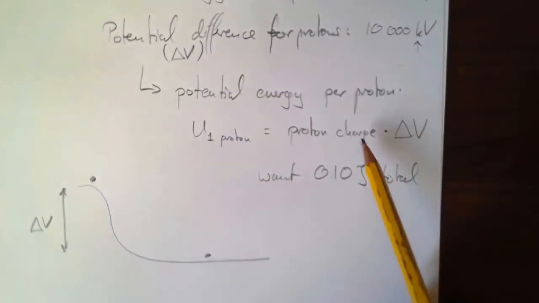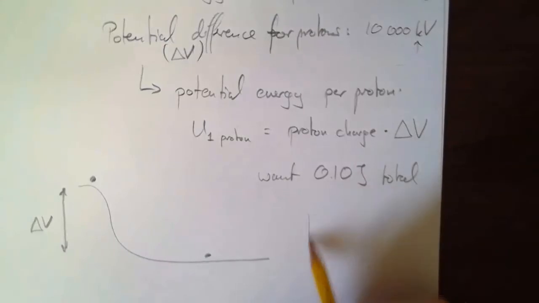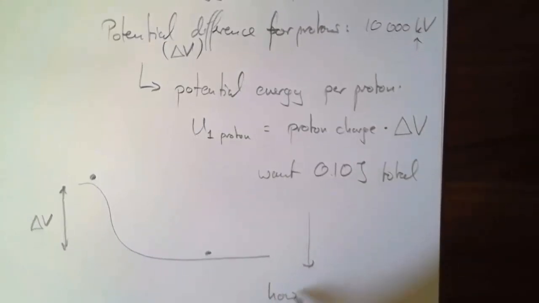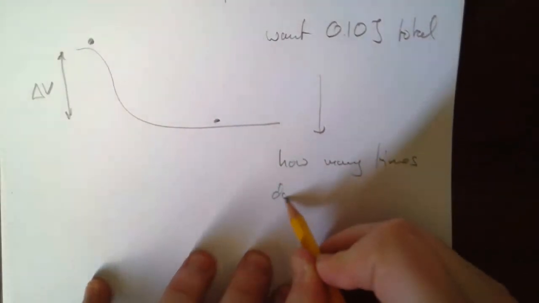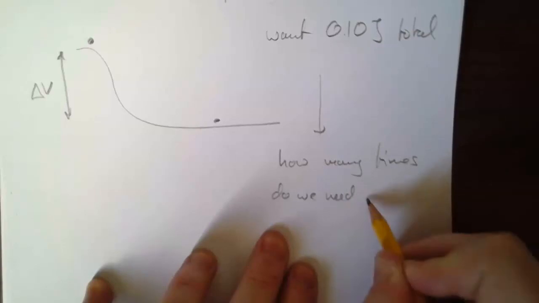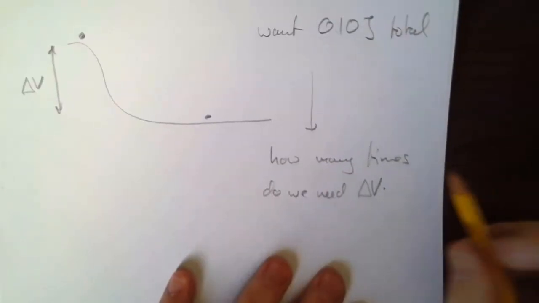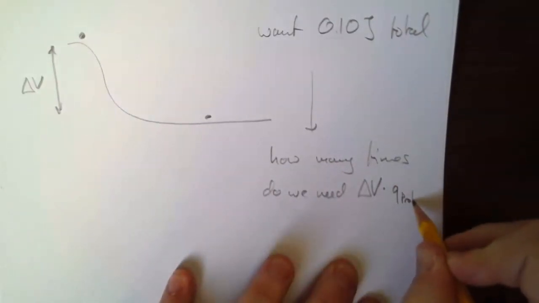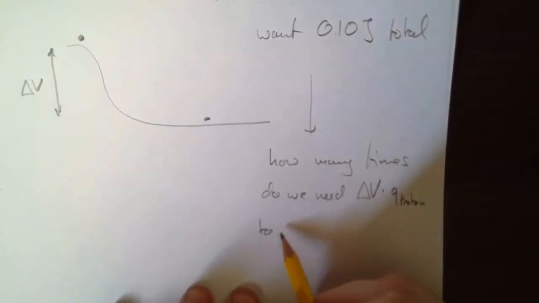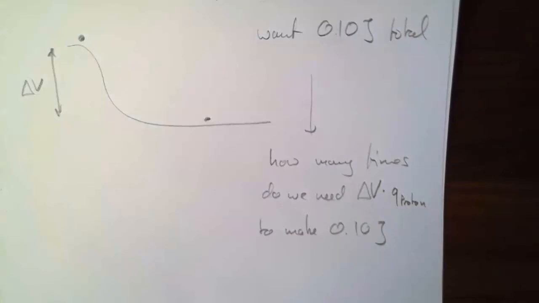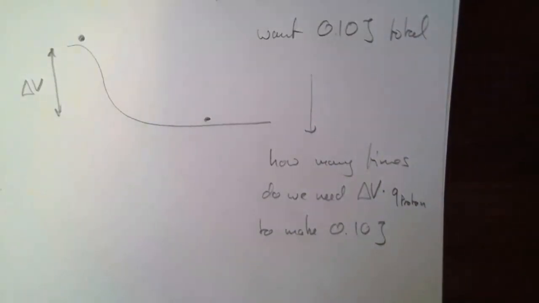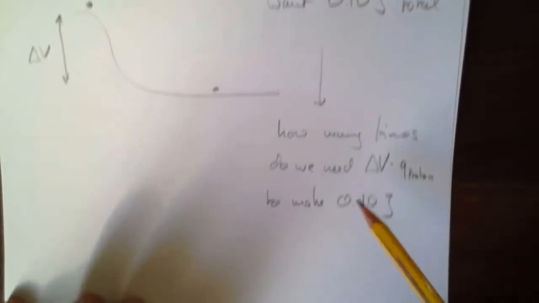So how many protons to make 0.1 joules? How many times do we need delta V times the proton charge to make 0.1 joules, or whatever value it is that you have in your question? And that will solve the problem. Well, that gives you the number of protons.